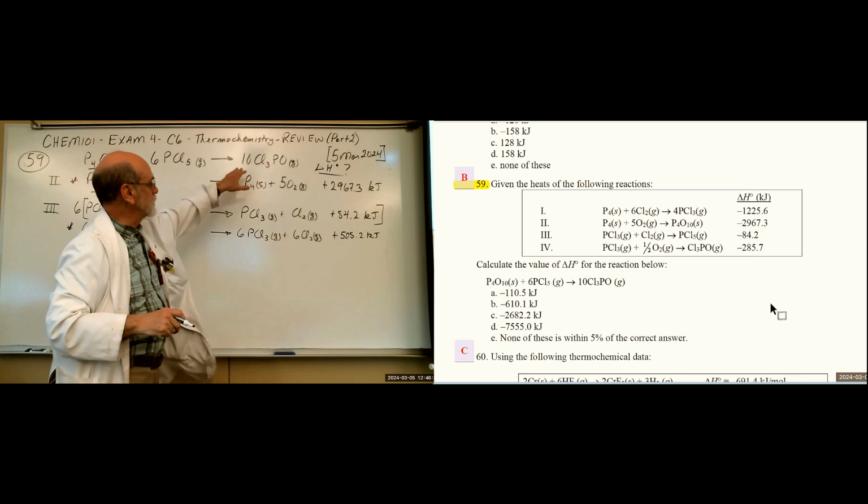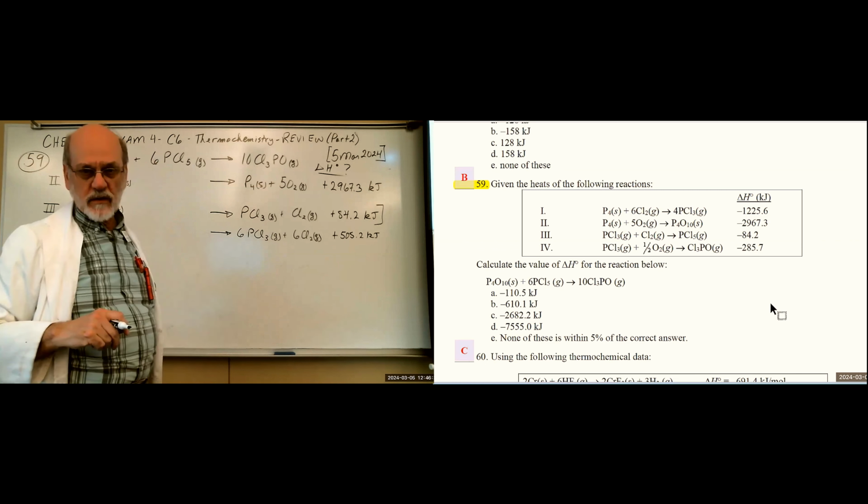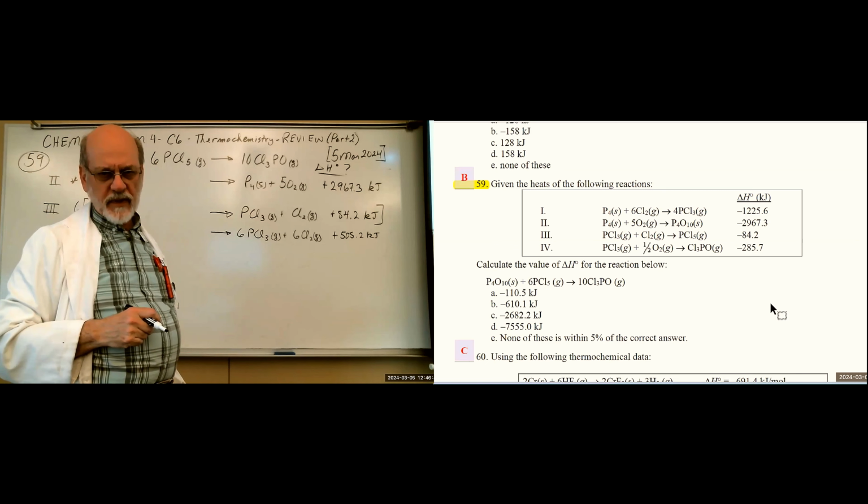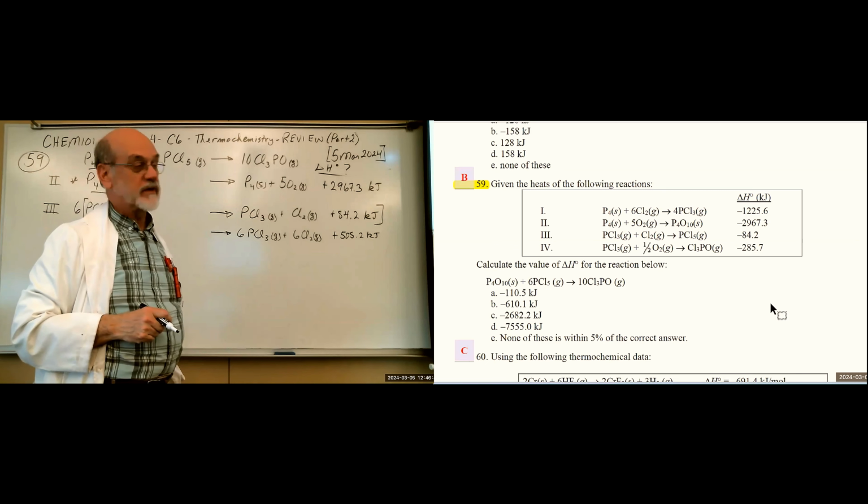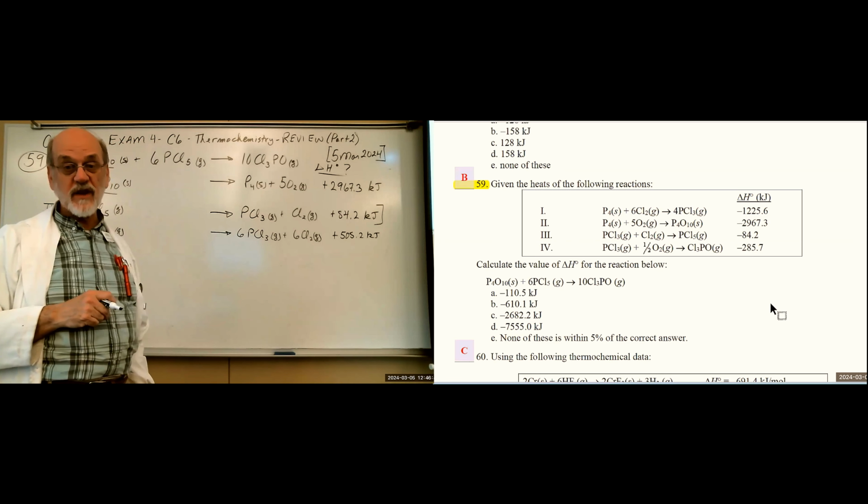All right, now how about this one? Cl3PO. Cl3PO is the last one, and it's on the correct side, only there's not enough of them.